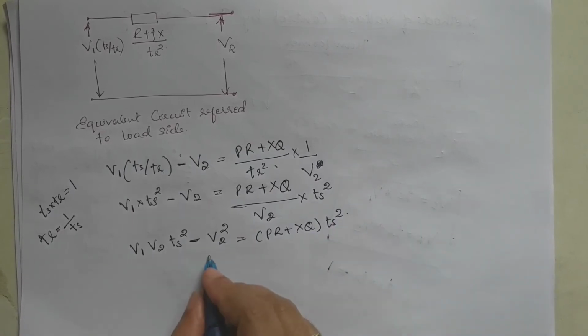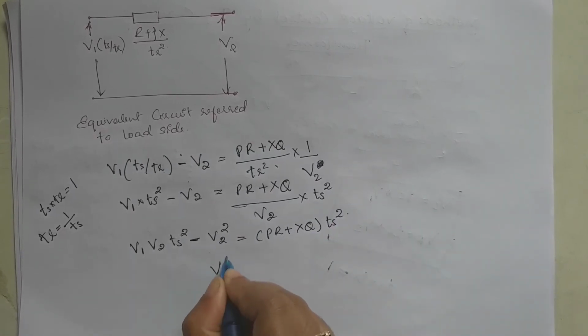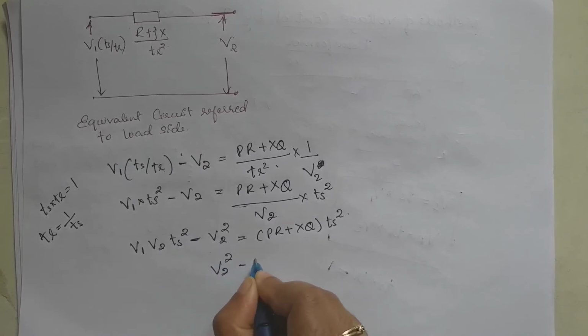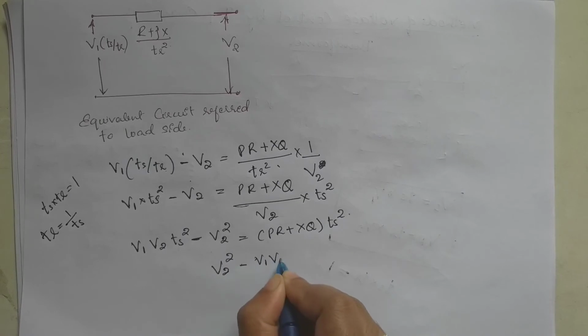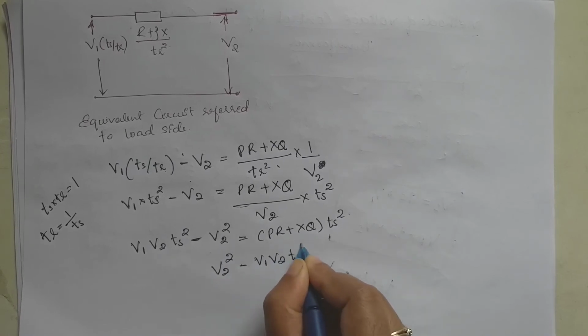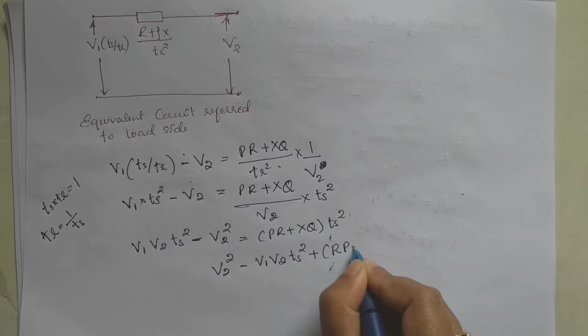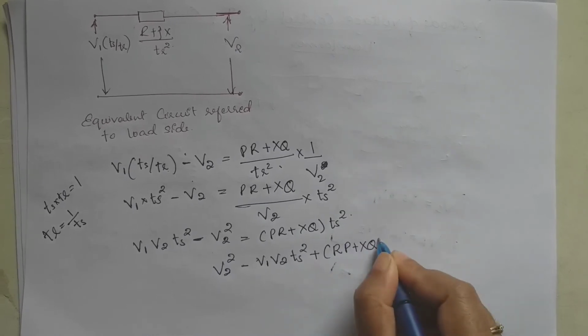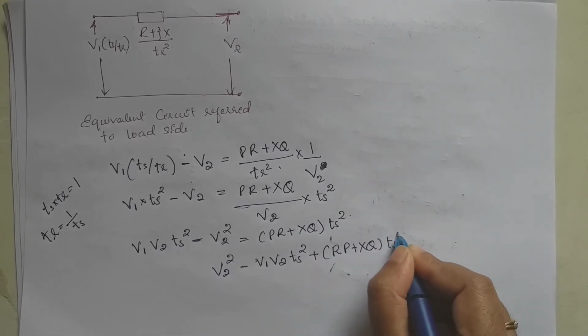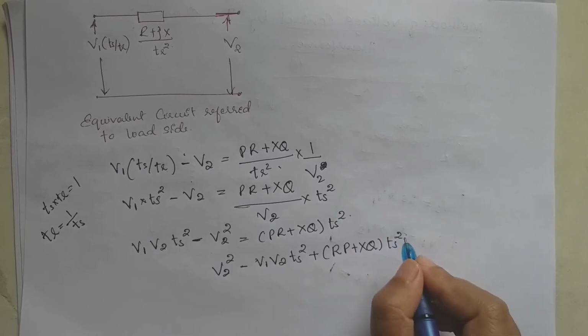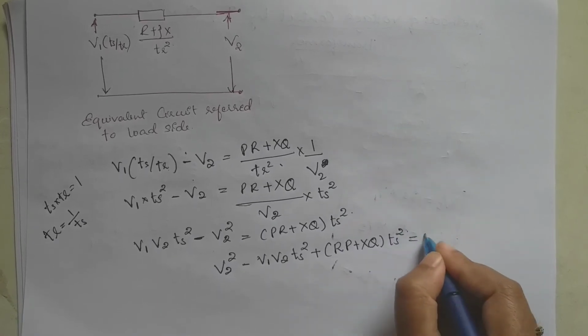Again on rearranging, it becomes V2 square minus V1 V2 Ts square plus (RP plus XQ) into Ts square, which is equal to 0.